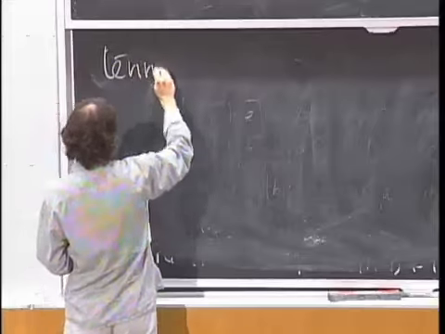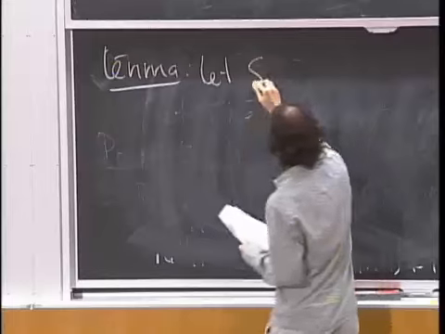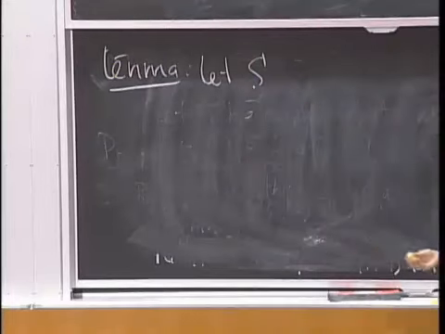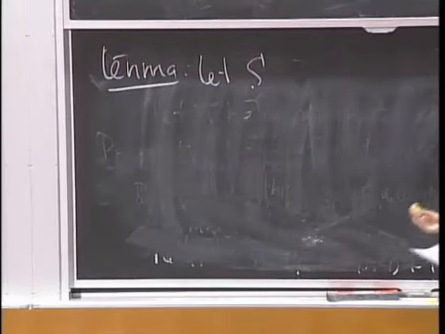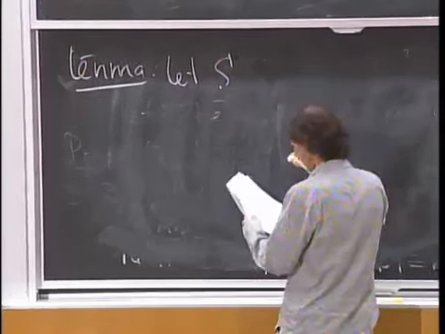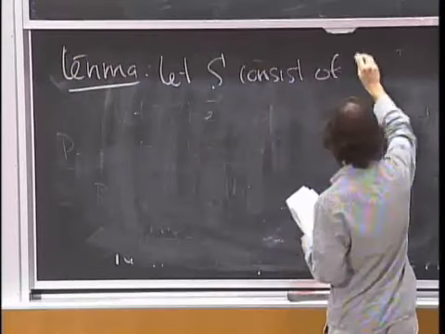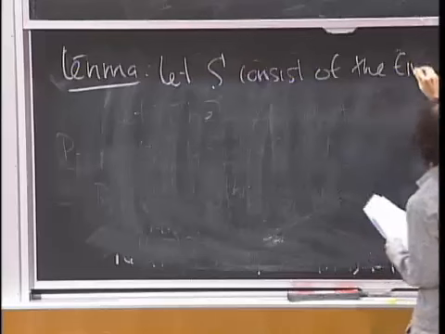The lemma that will help us is: let S be the set of edges that I have been selecting up to now in the algorithm. So let S consist, for example, of the first n edges.